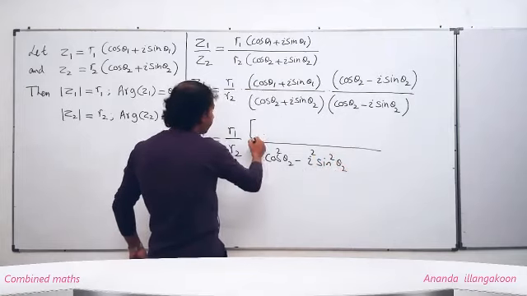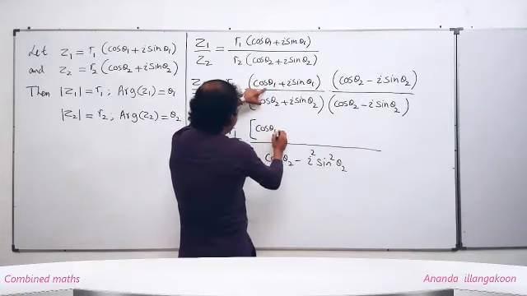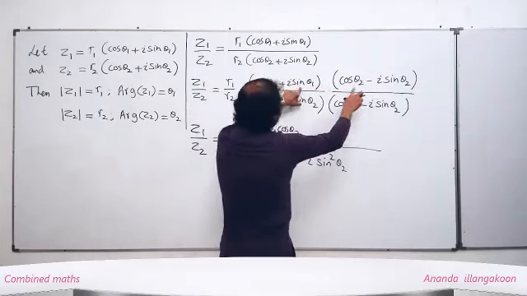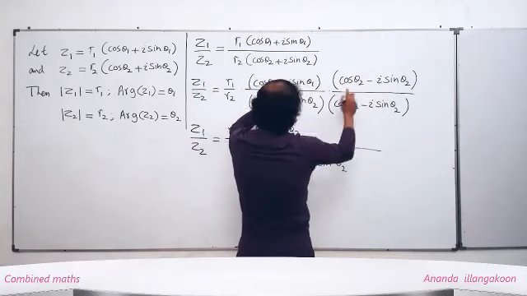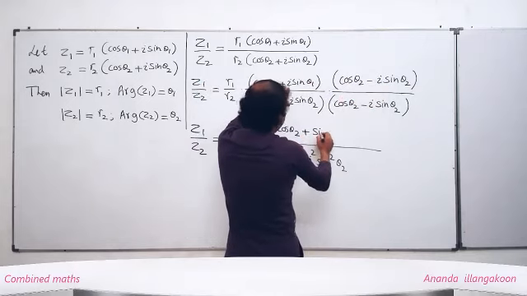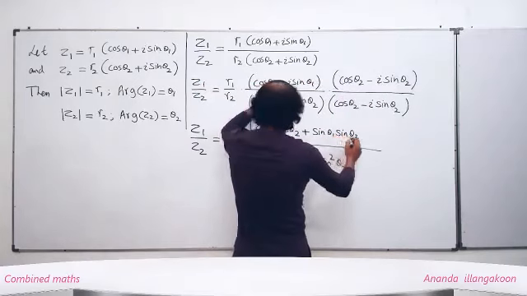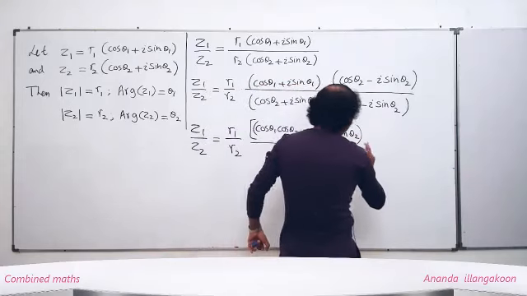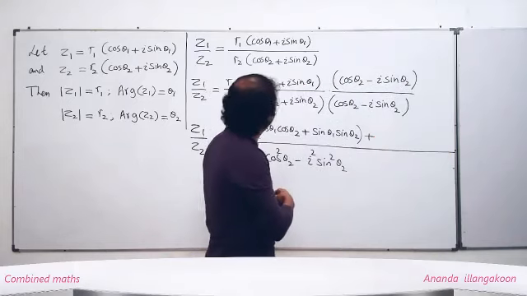Now here, this and this we can multiply: cos theta 1, cos theta 2. This and this you can multiply: I and I squared, it's minus 1, and this minus 1 makes it plus sin theta 1, sin theta 2.